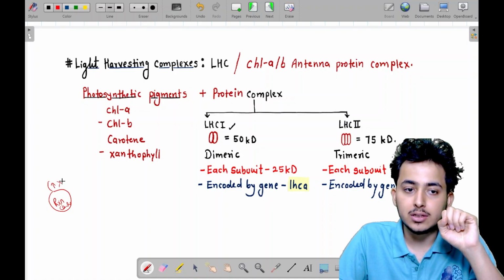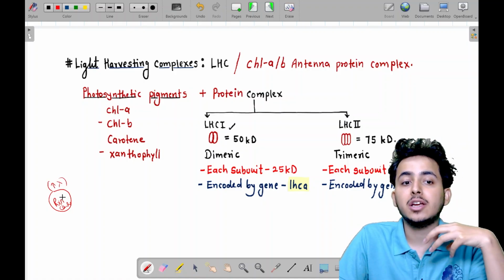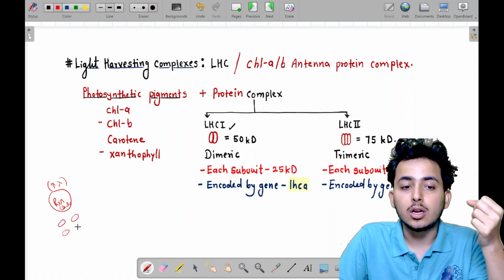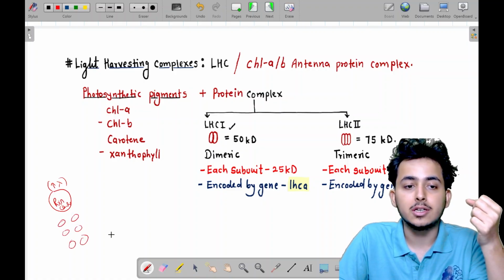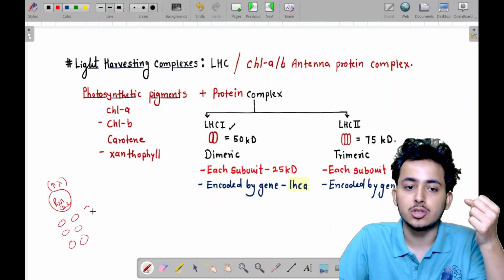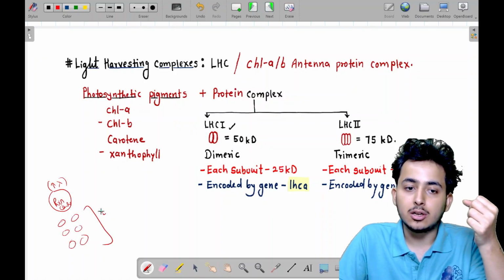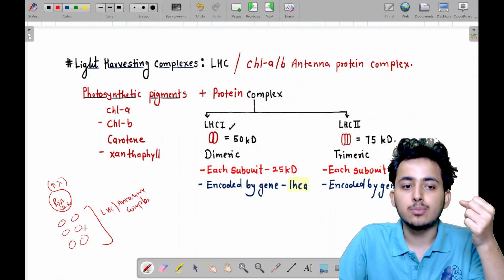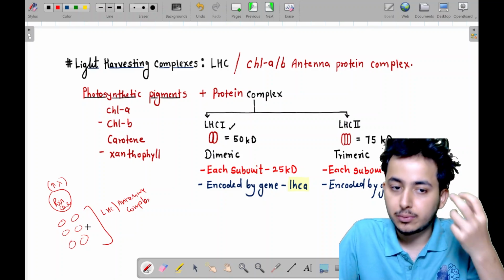Its wavelength is highest, which means it can absorb the maximum wavelength as compared to the other molecules present in the entire photosystem, which are your light harvesting complex or antenna molecules. If you compare with respect to them, they absorb at a comparatively lower wavelength.